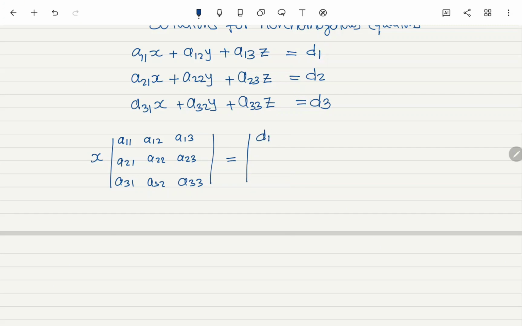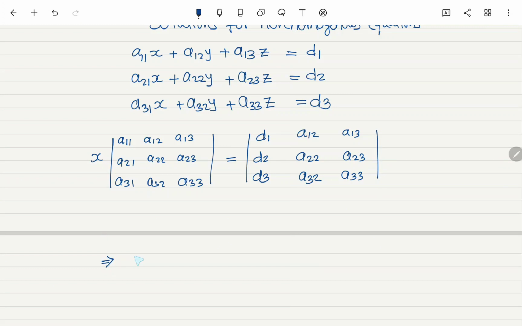It's d1, d2, d3, and the rest is the same as in this one here, because if we subtract this from this, you will get 0. Therefore, you keep d1, d2, d3 in the same column here, with a12, a13, a22, a23, and a32, a33.